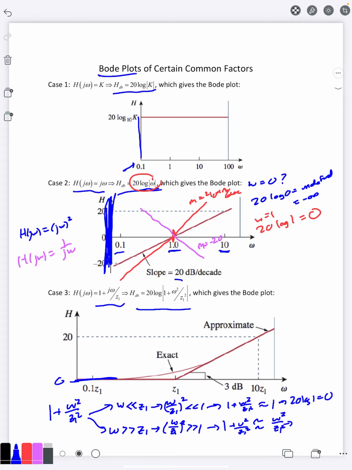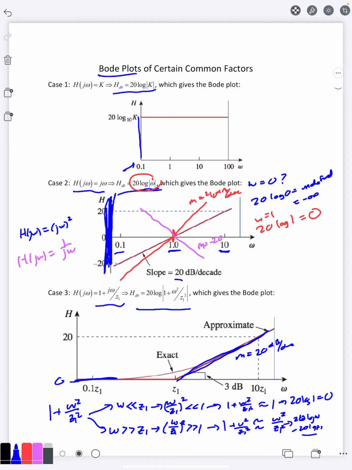And when you do this, it's just going to be 20 log of omega minus 20 log of z1. This is just going to be a straight line whose slope is 20 decibels per decade, and whose y-intercept would be this negative 20 log z1 here.